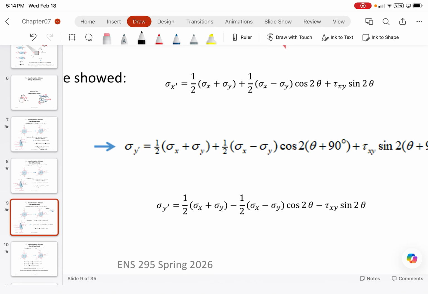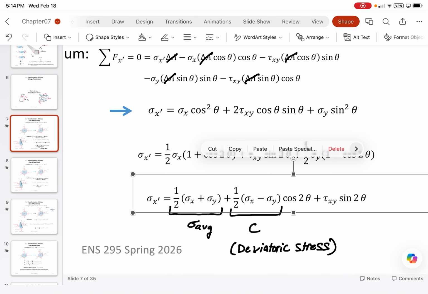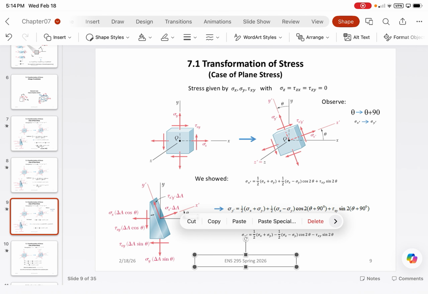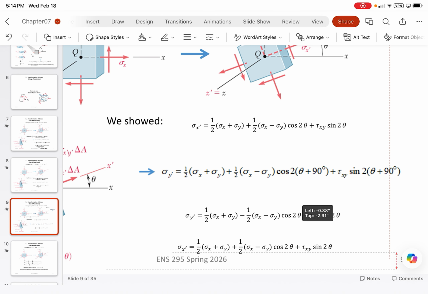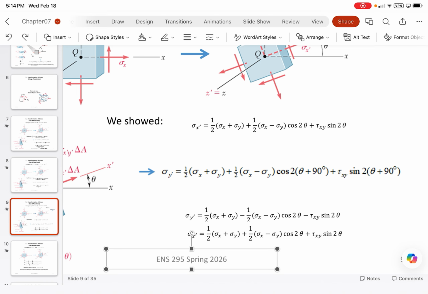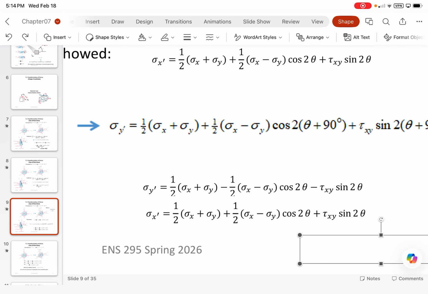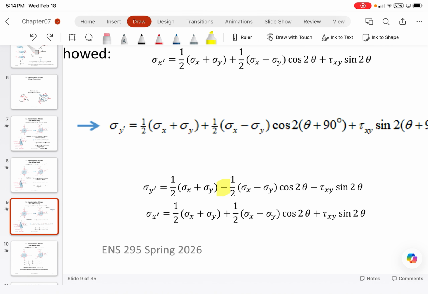So, if you guys remember, here I'll show you a quick comparison of what I mean. So if I paste this in here, what you guys should hopefully note is that sigma x prime and sigma y prime look like identical equations, with the only difference being the plus signs and the minus signs, right?